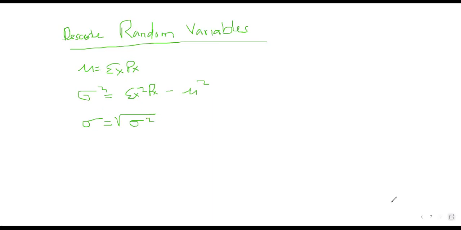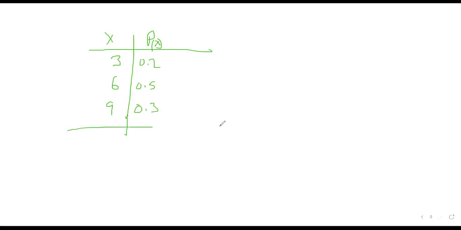All right, so you'll be given values of x and their respective probabilities, maybe 3, 6, and 9. And the probability, for instance, you could have 0.2, 0.5, and 0.3. So find the mean, the variance, the standard deviation. Firstly, I'll use the table to help you illustrate and make your life easier as well.